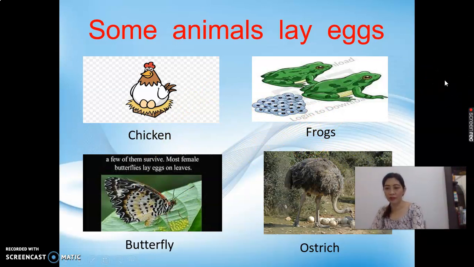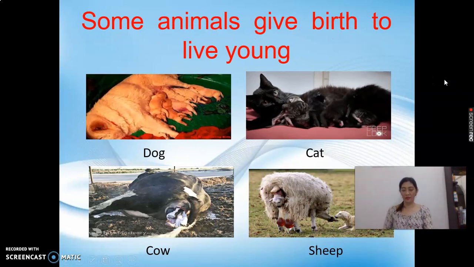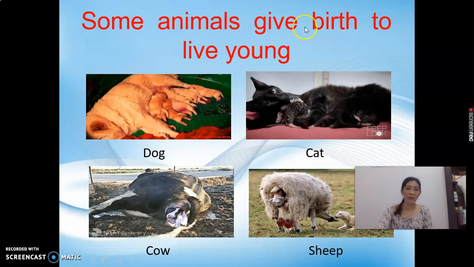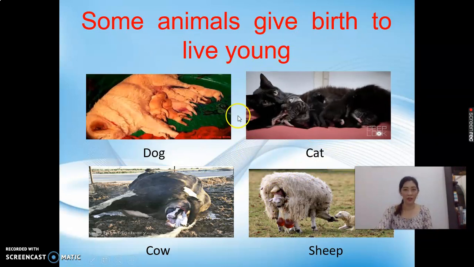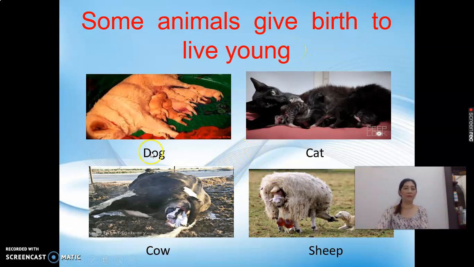Number 2. So these animals are giving birth to live young. These kinds of animals give birth to live young.